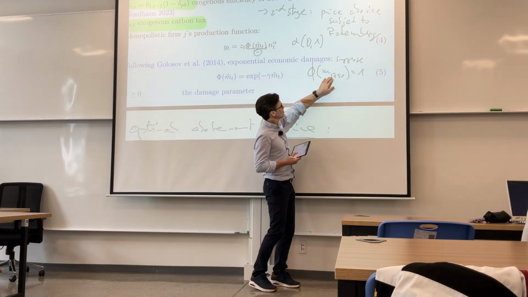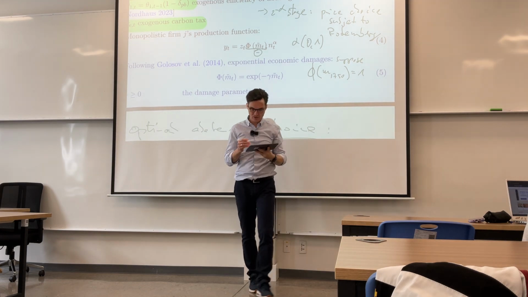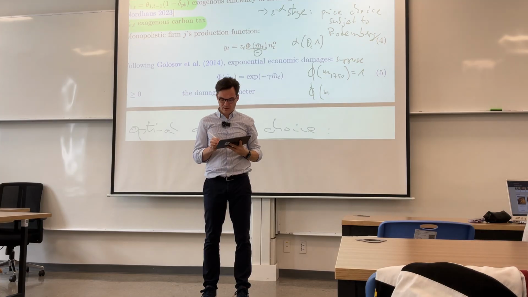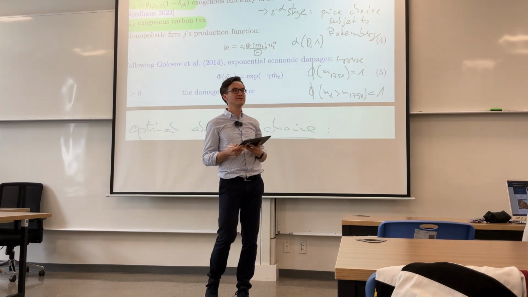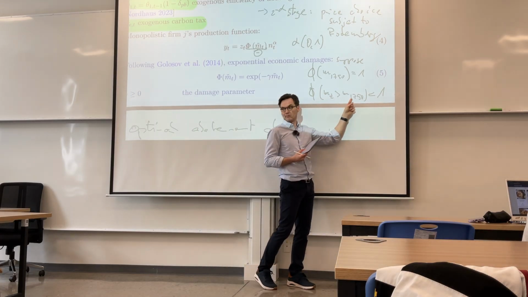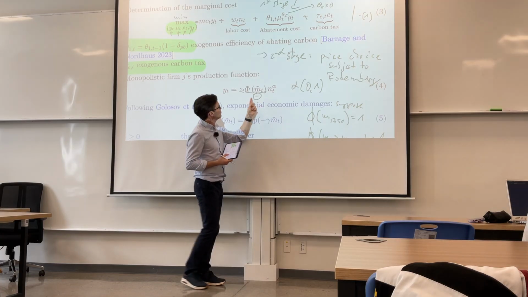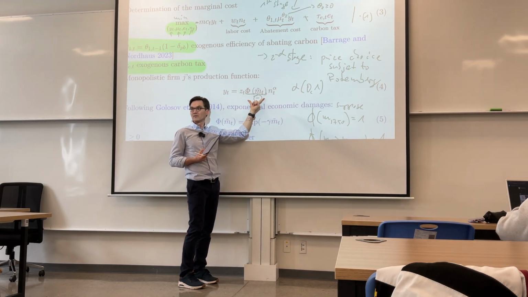And now, you stick in a level of carbon that's bigger than in 1750. Then phi of m, with mt larger than m of 1750, is going to be smaller than 1. That's the idea: when carbon exceeds the pre-industrial level, that reduces the productivity by which the economy operates.